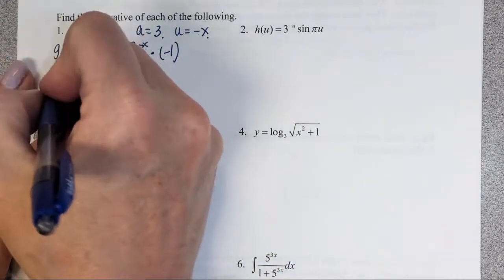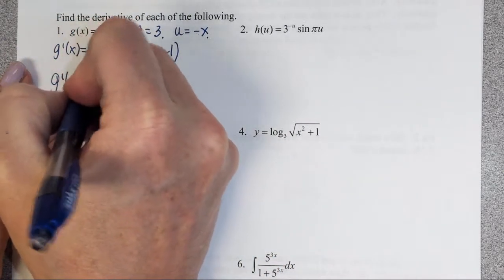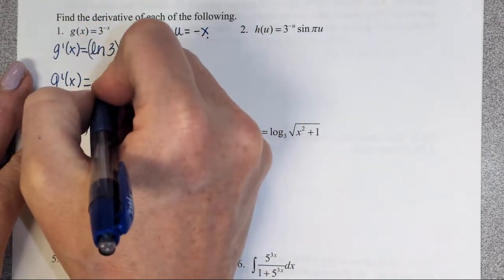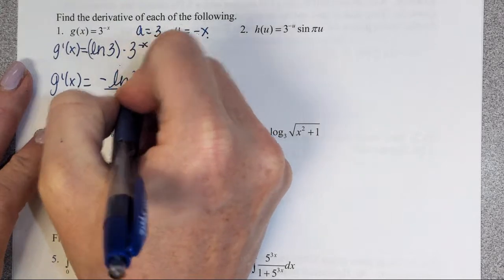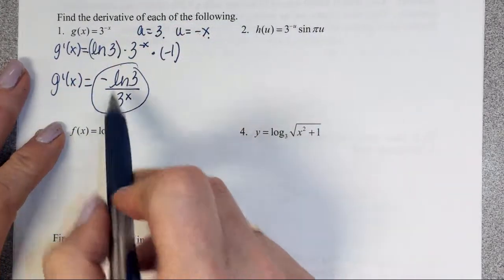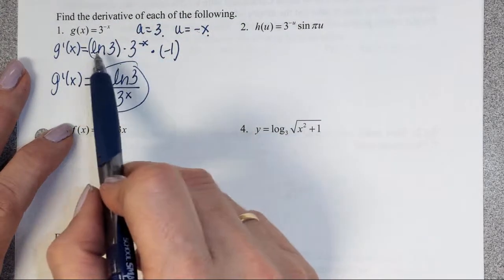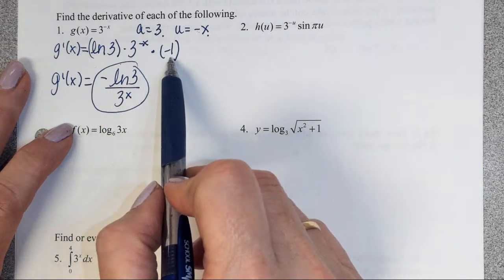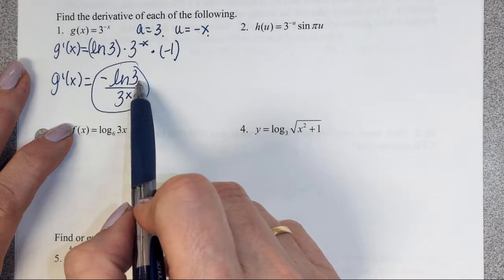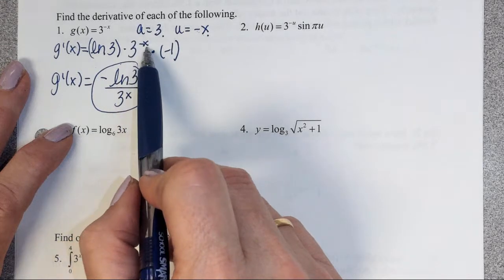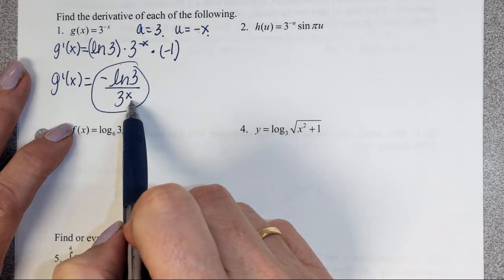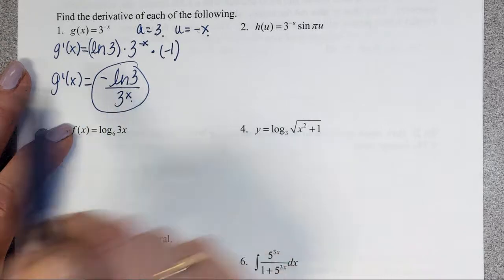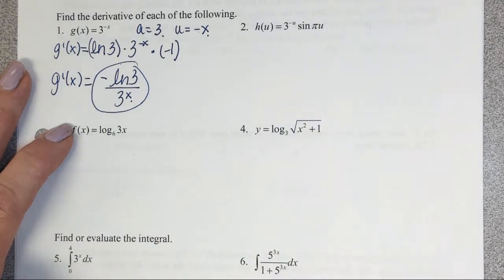If you look in the back of the book, they would probably have this answer though. See how that's equivalent? We have natural log of 3 times negative 1. That's negative natural log of 3. We have 3 to the negative x. That would be 3 to the positive x if I take it to the bottom. Okay? Questions there. That's a derivative.